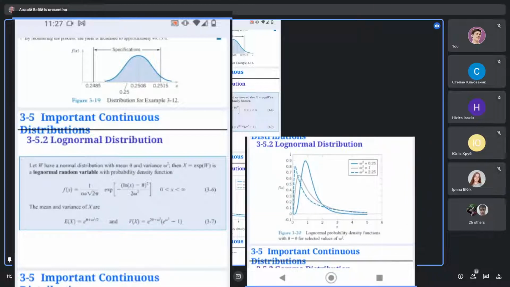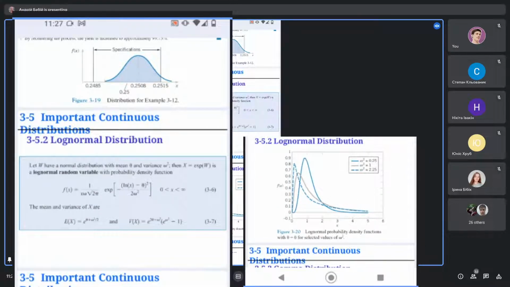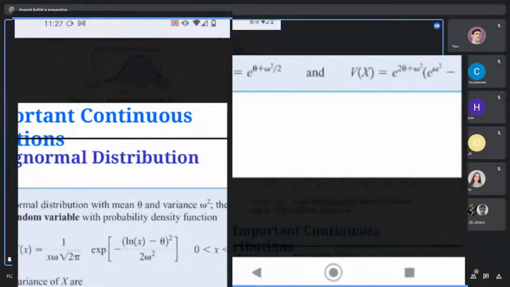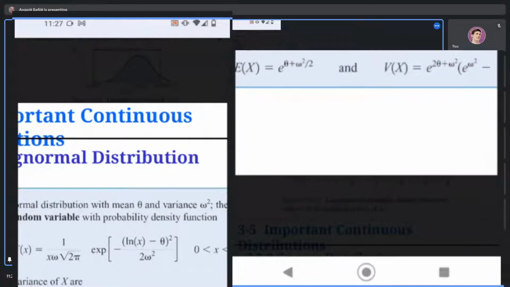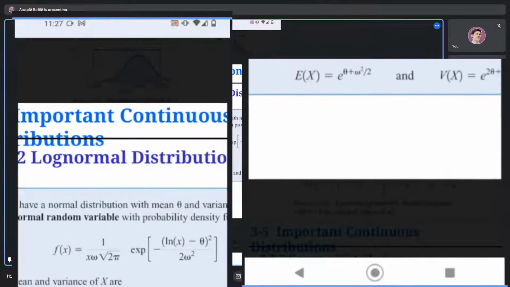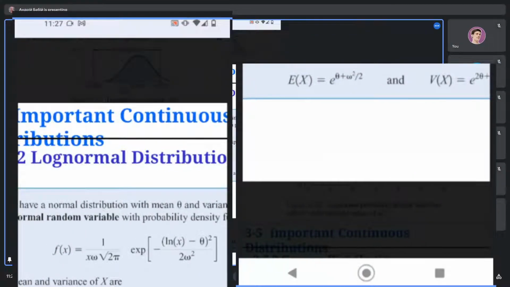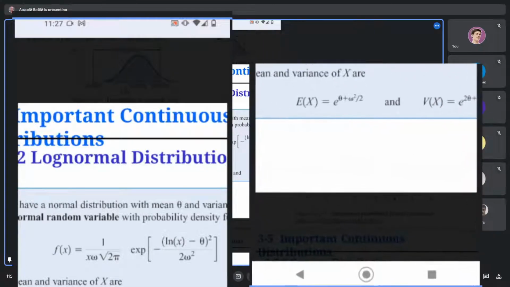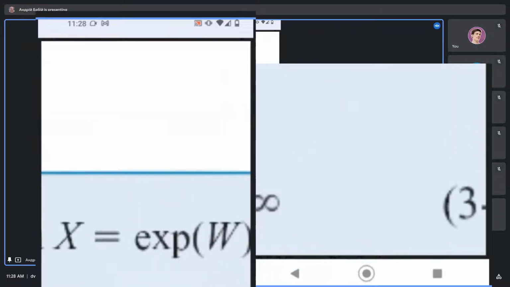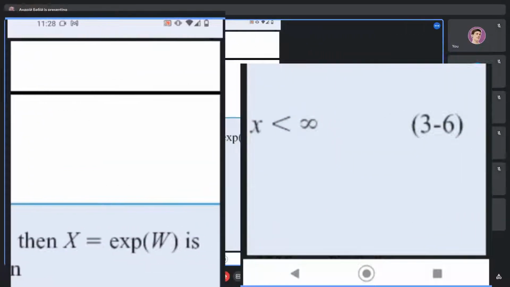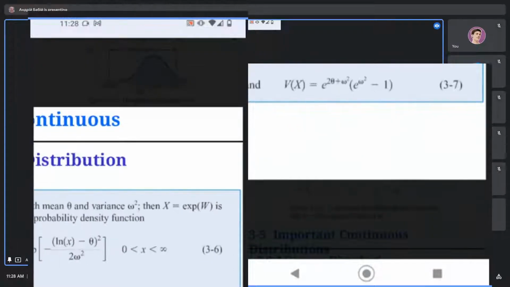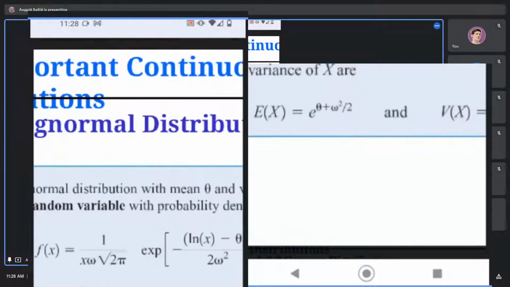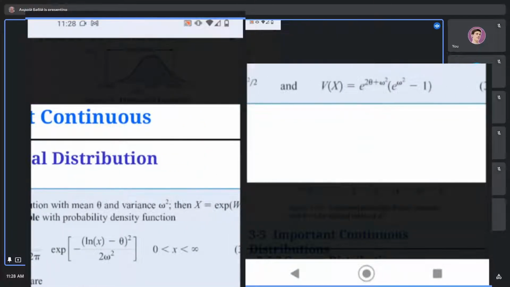What is the difference between this distribution? We have added logarithm inside this formula, and this formula is a little bit different compared to the formula of normal distribution. You can see x equals exponential of W. And you can see mean value and variance value.